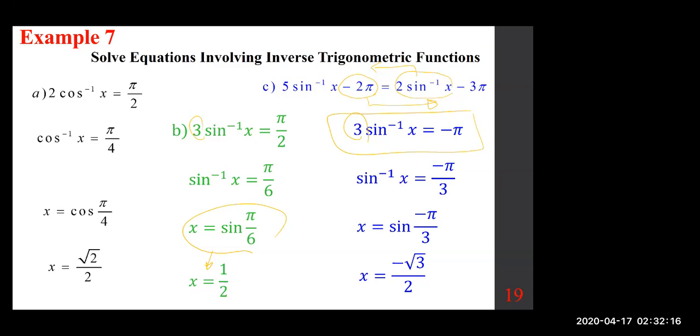We bring all the sine inverses together: 5 minus 2 becomes 3 sine inverse x. Negative 2 pi moves to the right, becomes positive 2 pi, with negative 3 pi is negative pi. Divided by 3, you get negative pi over 3. So x must be sine of negative pi over 3. And we know that pi over 3 gives us square root of 3 over 2, so this is negative square root of 3 over 2.